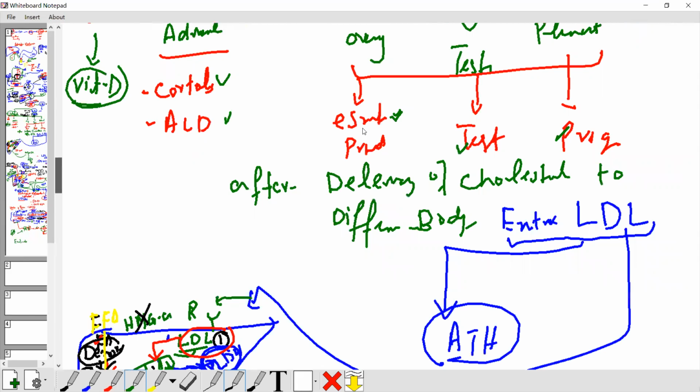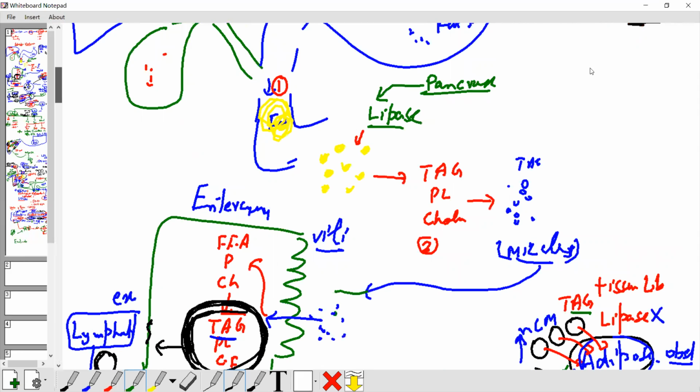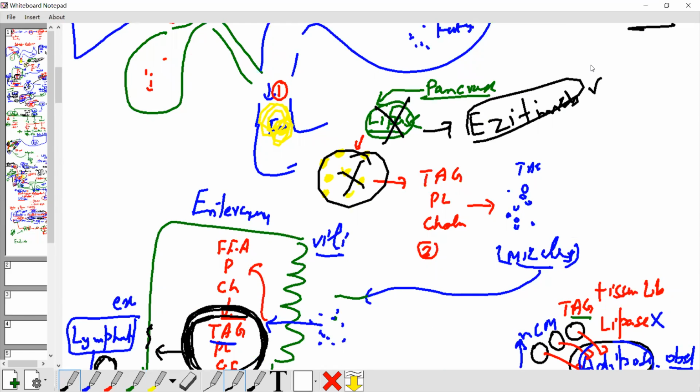If you block it, this drug also works in the intestine and blocks absorption. So this drug, sometimes people use it to reduce weight. A person with obesity uses this drug.